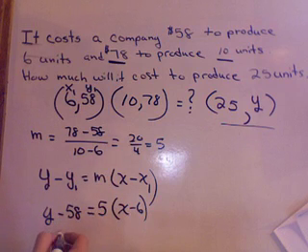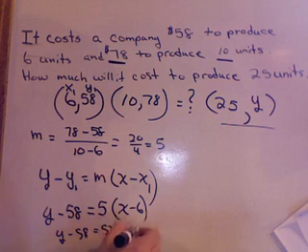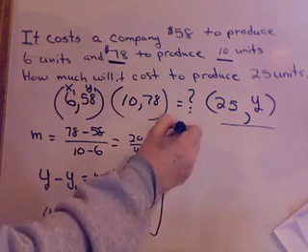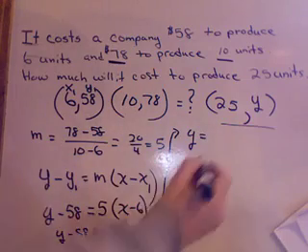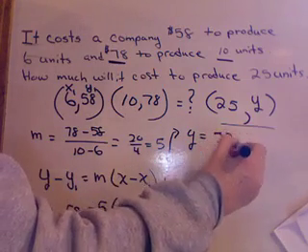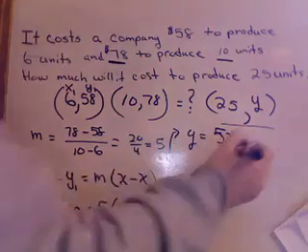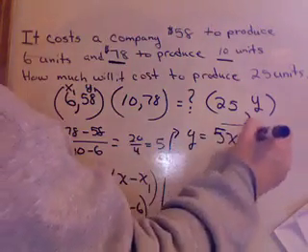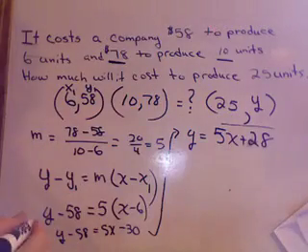Do a little more solving here. y minus 58 equals 5x minus 30. Let's do a little bit more solving here. y equals, do you know what y equals? How about 5x plus 28? Plus 28. So 5x plus 28.